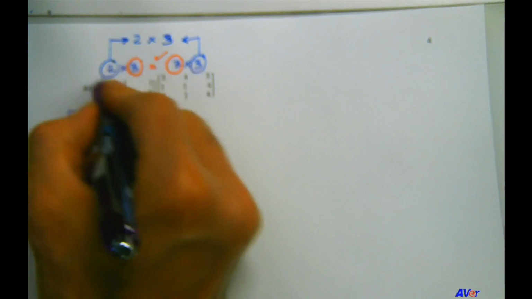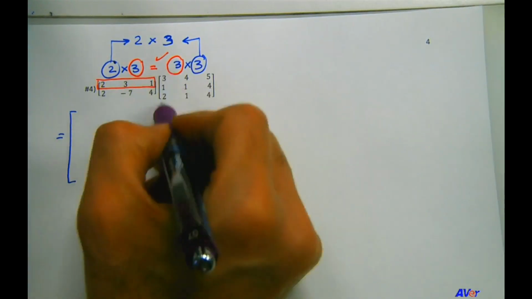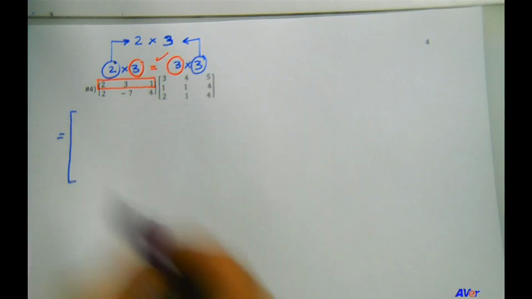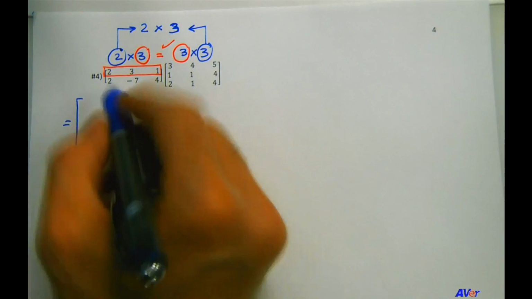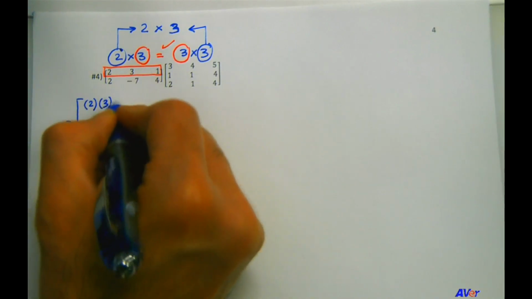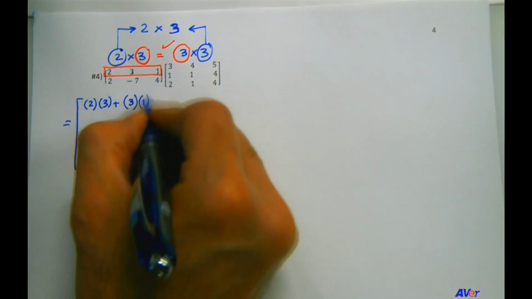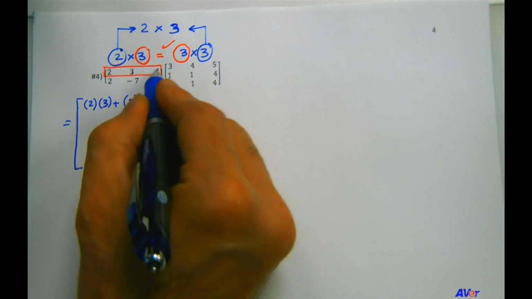All right, so once again, we start with the first row. Let's multiply column by column and add the numbers as we go. So we have 2 times 3 plus 3 times 1 plus 1 times 2.